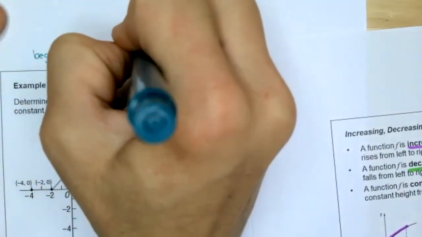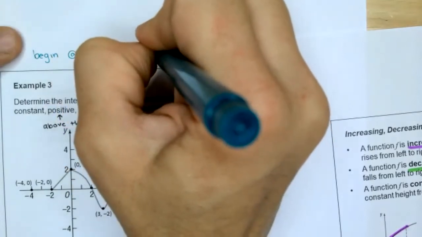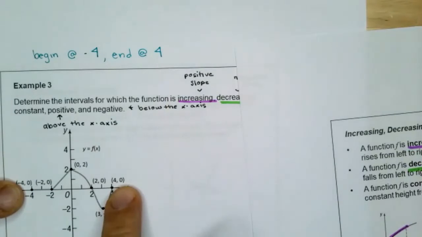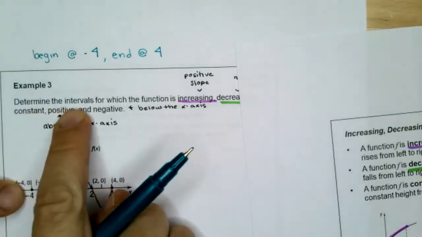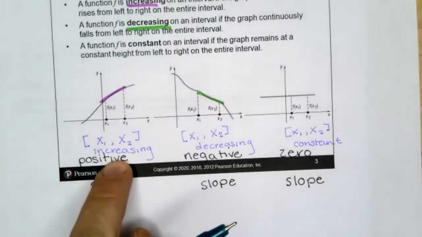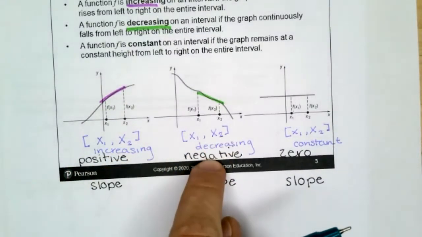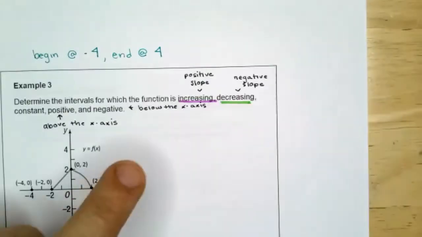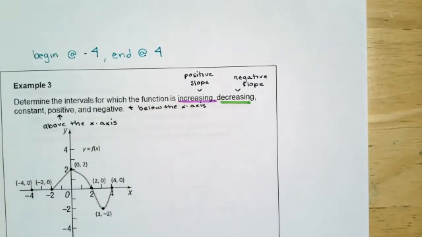Our interval ends at +4 because we're looking at it according to the x-axis. So when you're writing intervals, you're writing according to the x-axis. From x sub 1 to x sub 2, we're increasing. From x sub 1 to x sub 2, we're decreasing. From x sub 1 to x sub 2, we're constant. So where are we increasing?